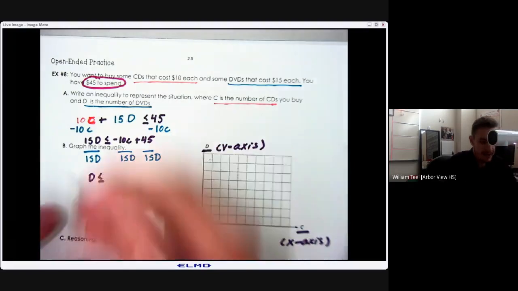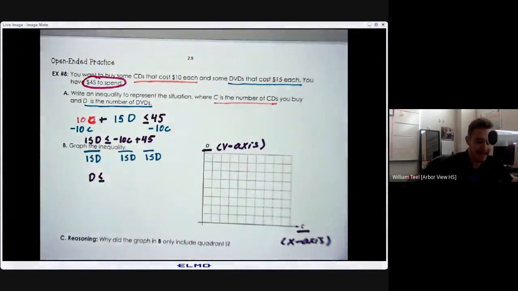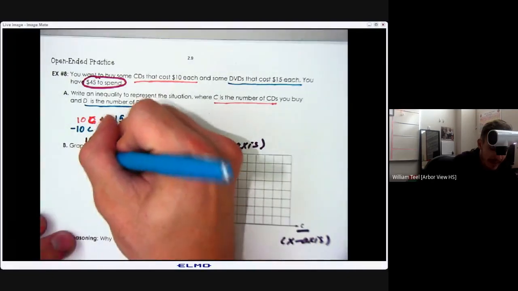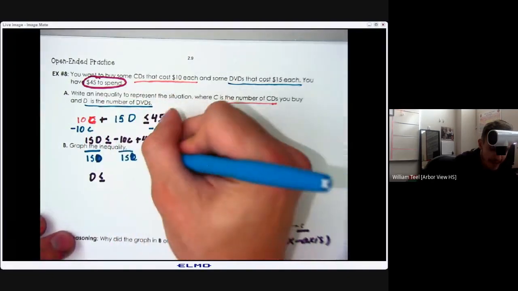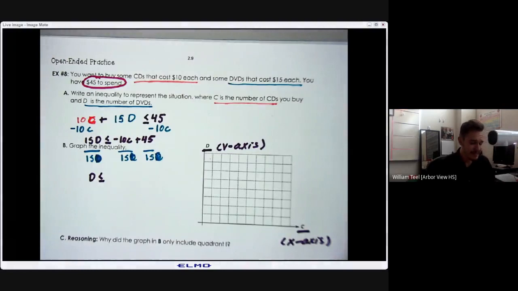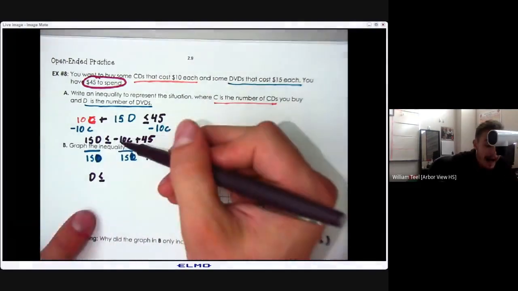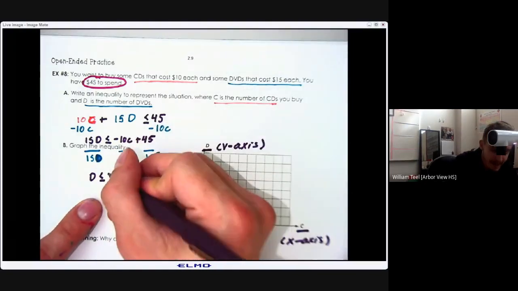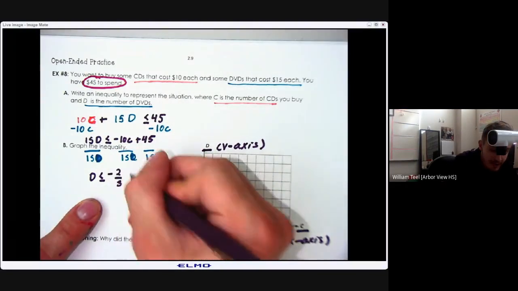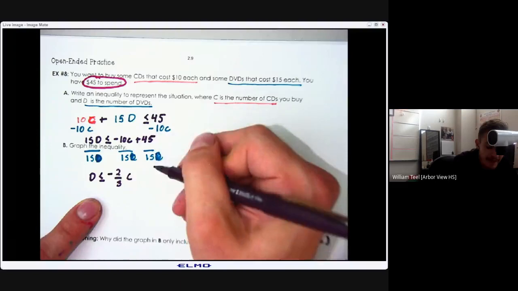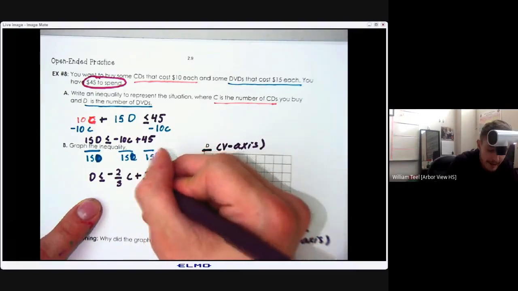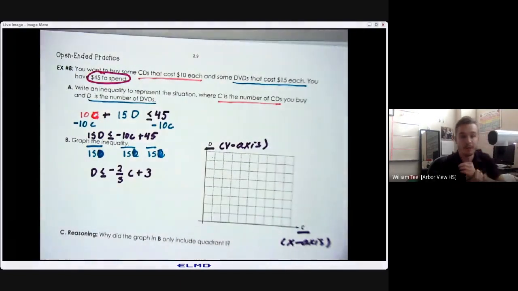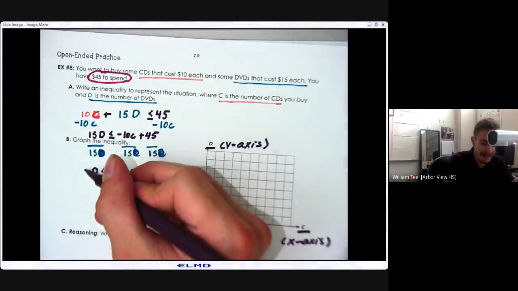Oh, my bad. I shouldn't have been dividing the D. I am making so many mistakes right now. Obviously, we're just looking at the 15. It's been a long day. Negative 10 divided by 15, I'm going to simplify that fraction. So this is going to simplify to negative 2/3 C. And then 45 divided by 15, that's going to be plus 3. Okay, so we finally made it, you guys.